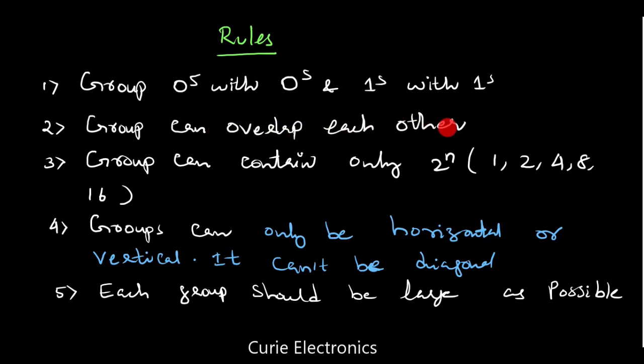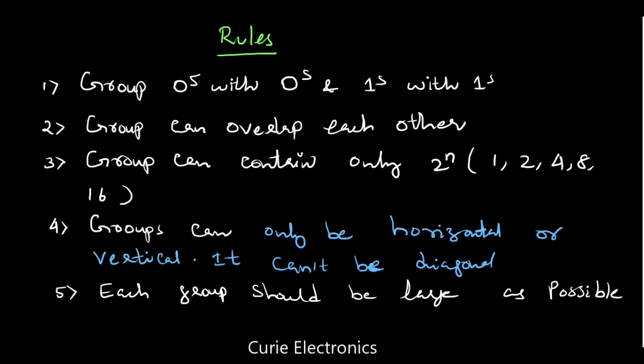We will be clear about it when we do it. Then a group can contain only 2 to the power n cells: one cell, a pair, a quad, an octet, or 16. In a 4 variable Karnaugh map, if all are 1, then our output is going to be 1.